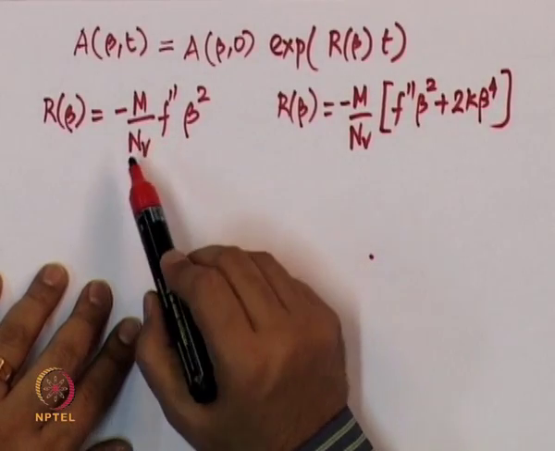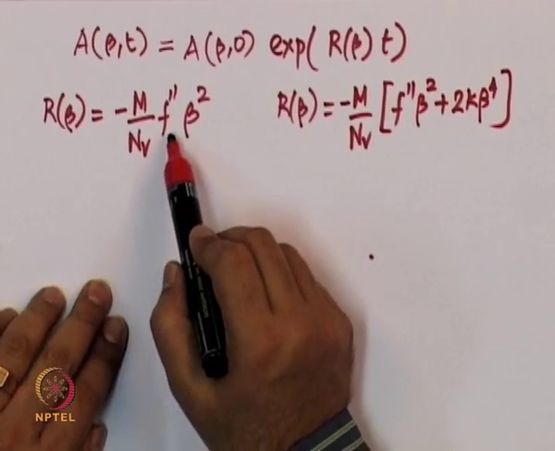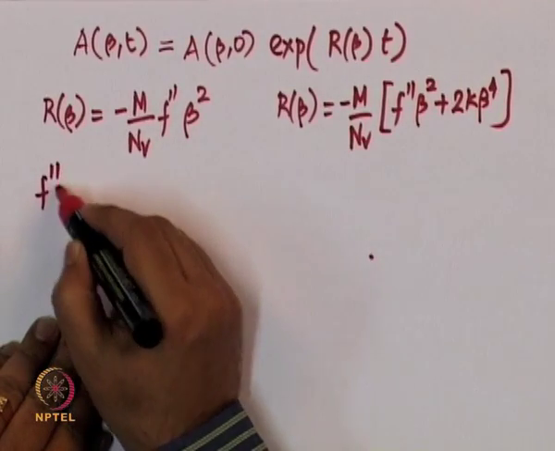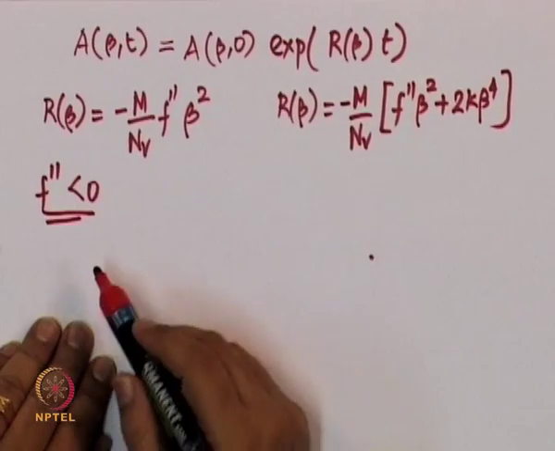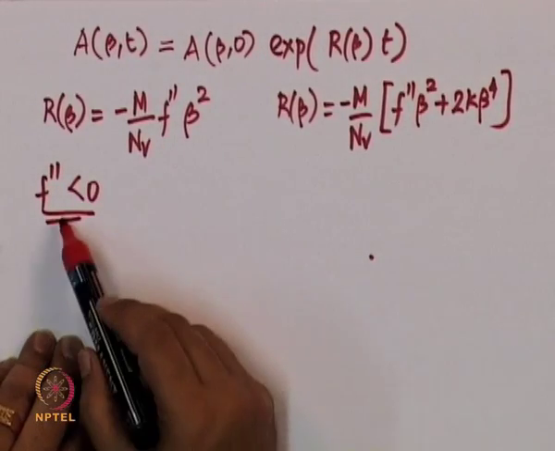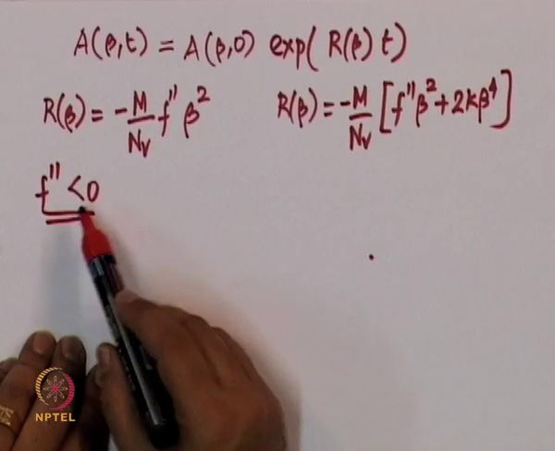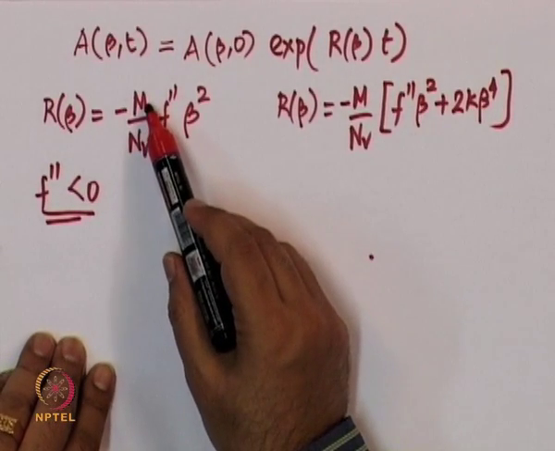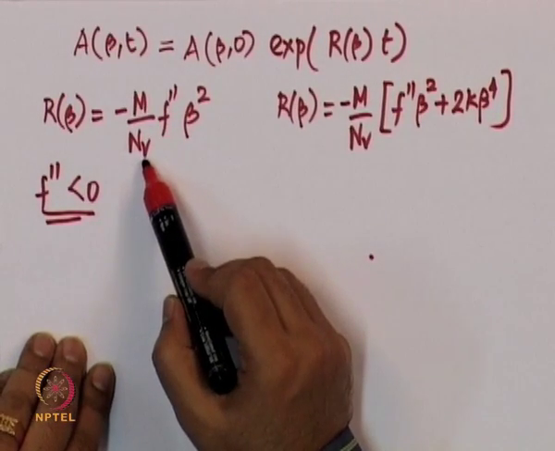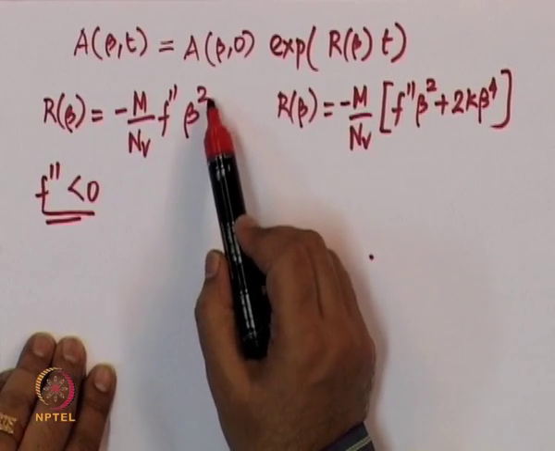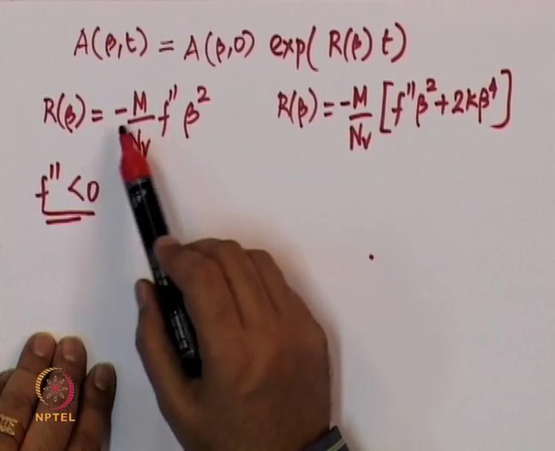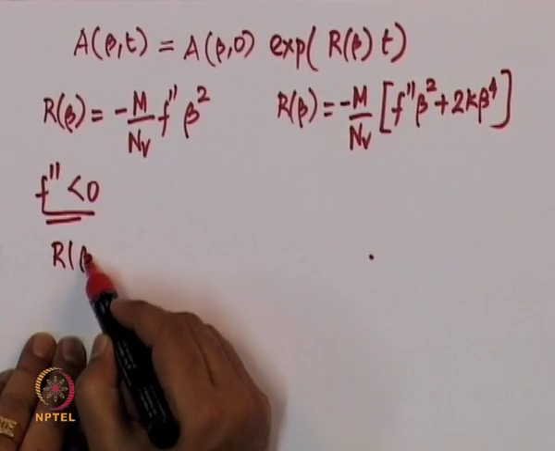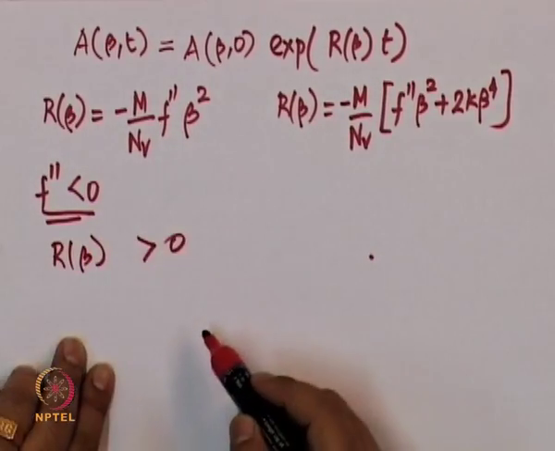Now, let us assume that we are in the spinodal regime, in which case f double prime is less than 0. That is the case when we want to look at these two equations and see what happens. When f double prime is negative, m is a positive quantity, that is mobility, nv is the number of atoms, that is a positive quantity, and beta is squared, so that is a positive quantity. So, f double prime being negative means that R of beta is greater than 0.